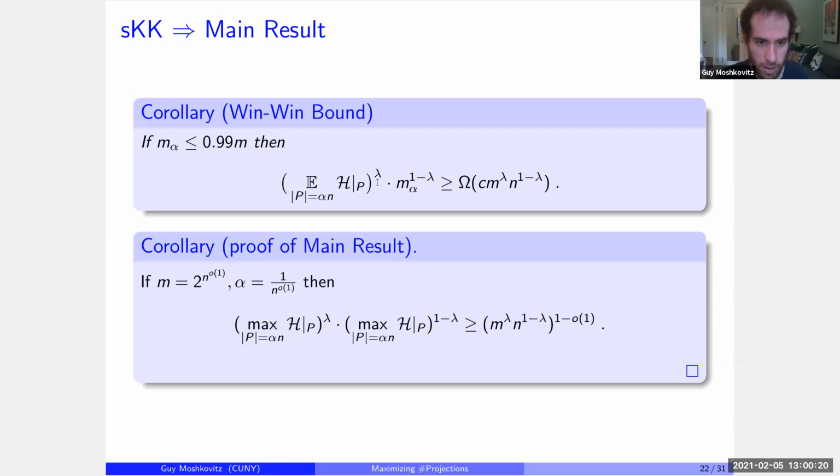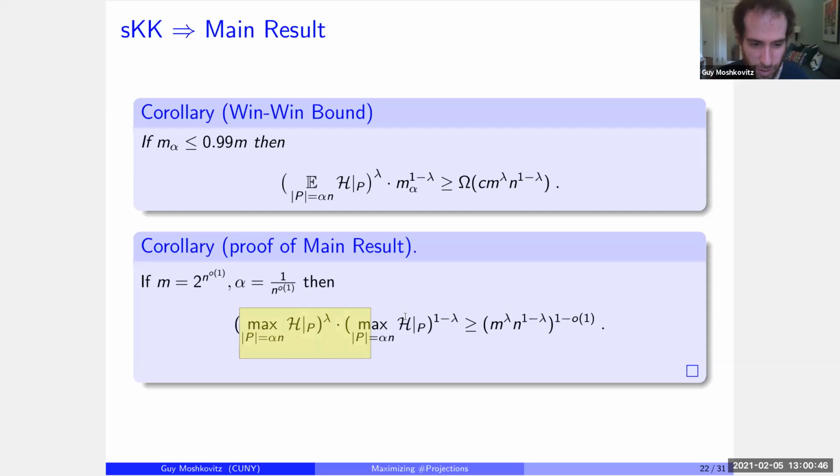Because here's why. The expected number of projections is obviously at most the maximum number of projections. And this one is also, as we said, at most the maximum number of projections, because these are just the projections that are in the top layer. So we bound the left-hand side by the geometric average of the same number.